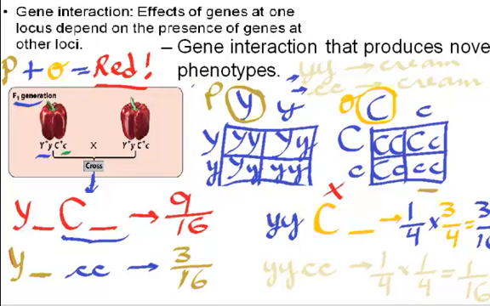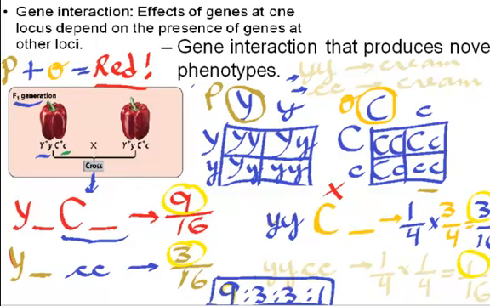So here is how we get our total distribution of 9 to 3 to 3 to 1. Very important to know how to get to this conclusion.